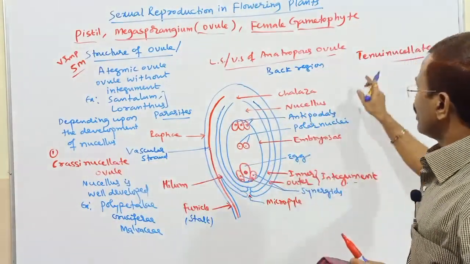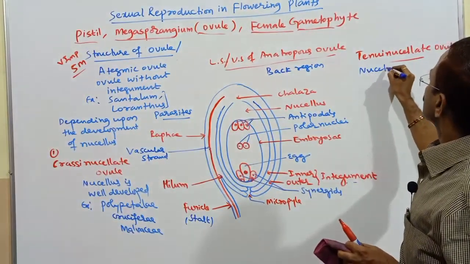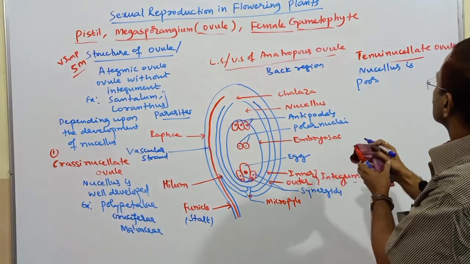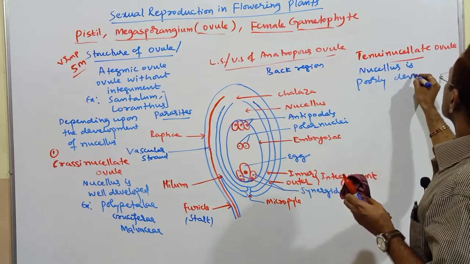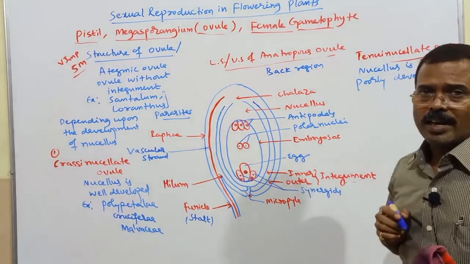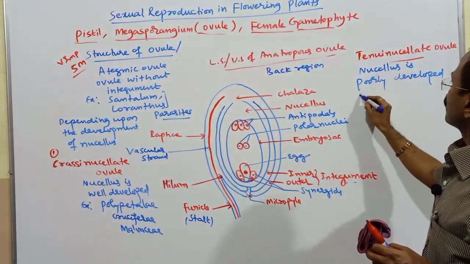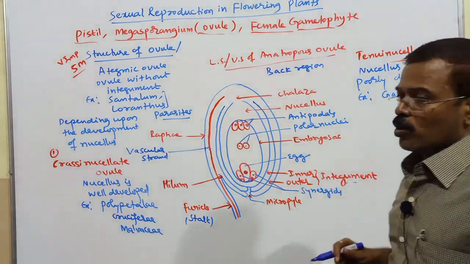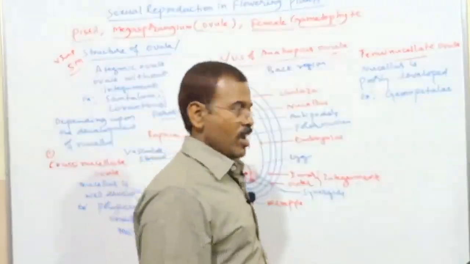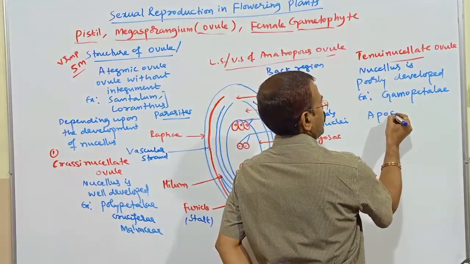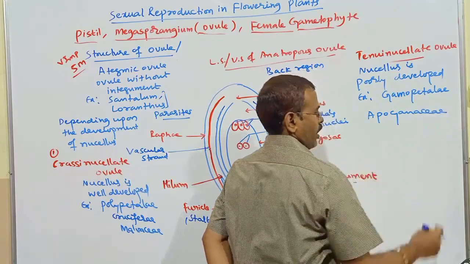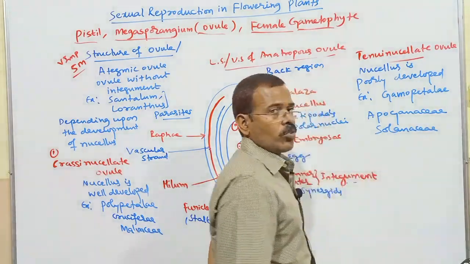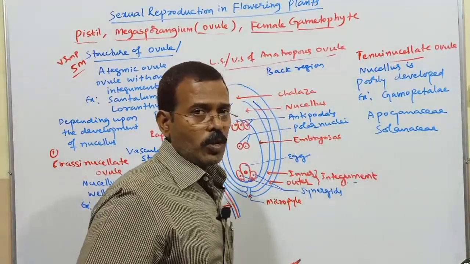Example: the Gamopetalae order. In Gamopetalae you have families like Apocynaceae, the Vinca rosea family, and Solanaceae. These have the tenuinucellate ovule.